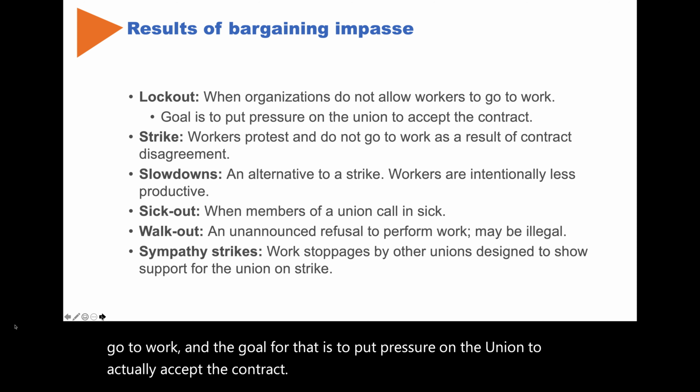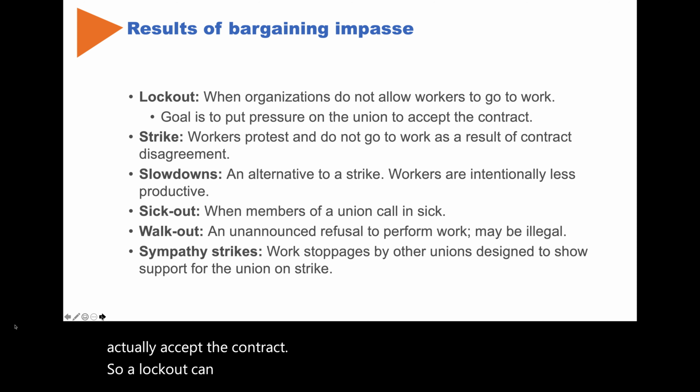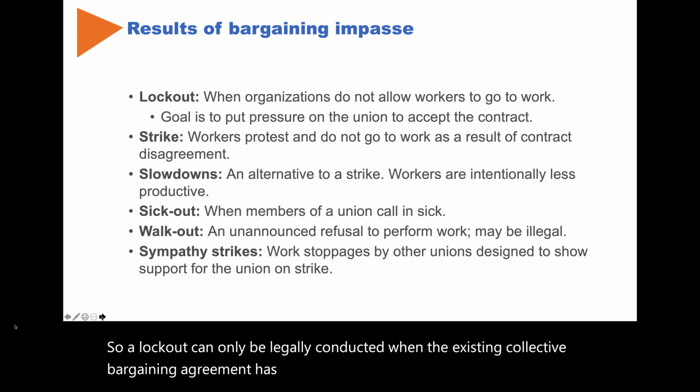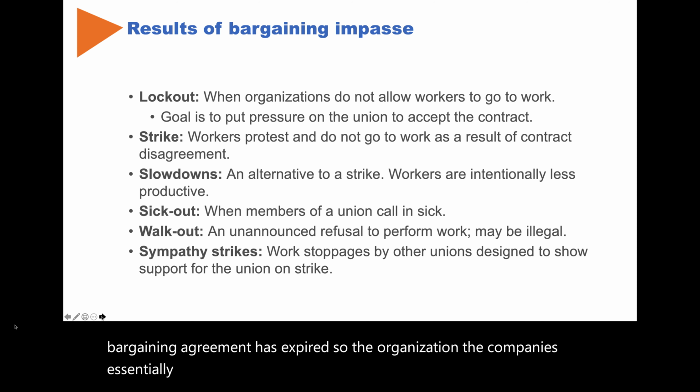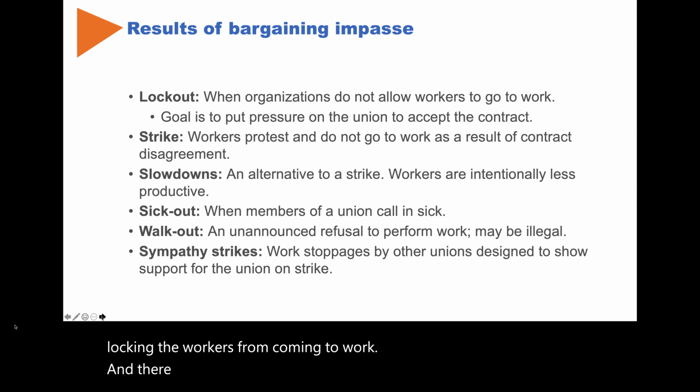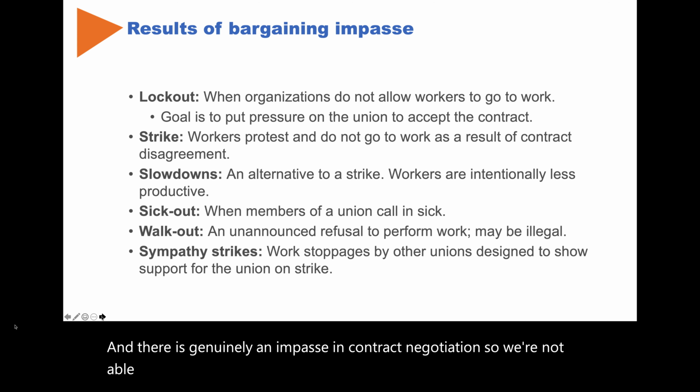A lockout can only be legally conducted when the existing collective bargaining agreement has expired. So the organization, the company, is essentially locking the workers from coming to work, and there is genuinely an impasse in contract negotiations. So we're not able to come to an agreement in the contract negotiations. Then a lockout could happen.